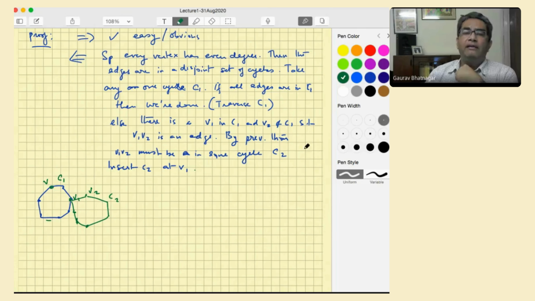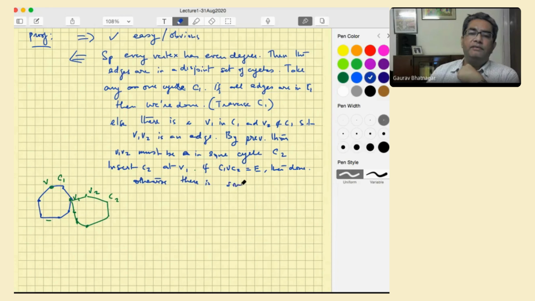So again, if C1 union C2 is equal to the edge set, then we are done. Otherwise, there is some other edge U1, U2, such that U1 is in C1 union C2 and U2 is not here.